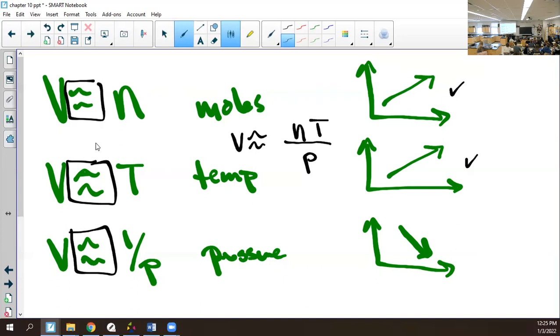It makes these turn into equal signs, and it is represented with the letter R. I do know where it goes, and it goes right here. So just based on the three relationships and then trying to get them to talk to each other, that's what R is. We now have this relationship where volume is equal to N.